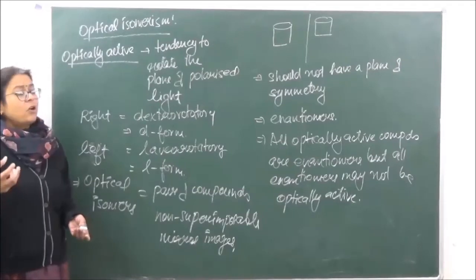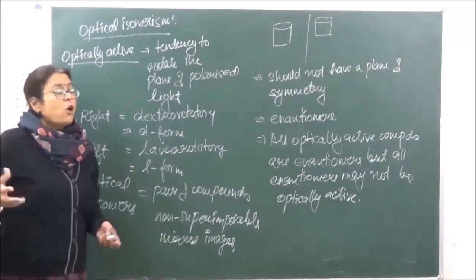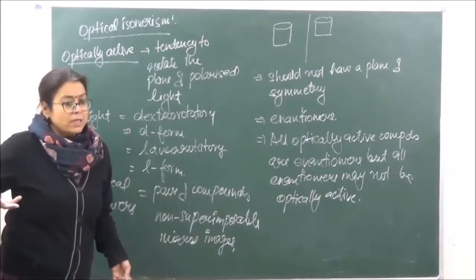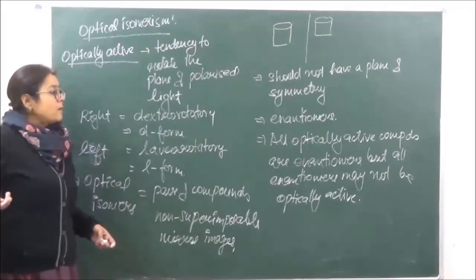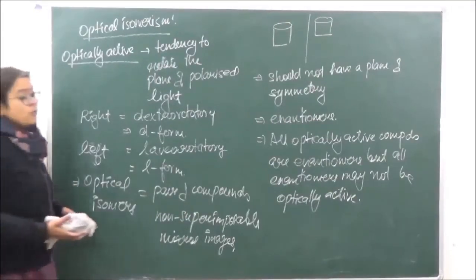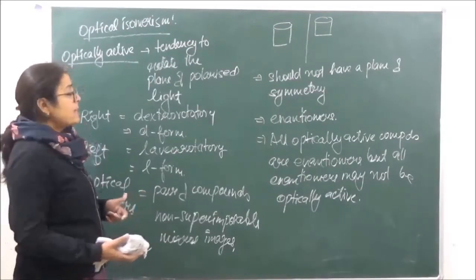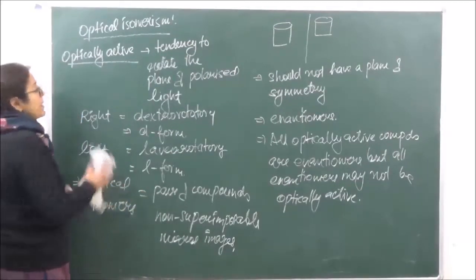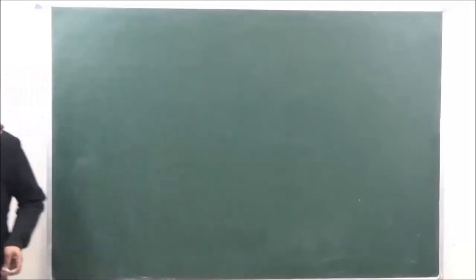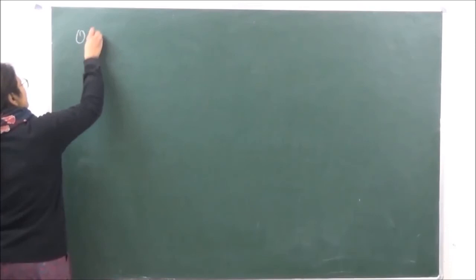Optical activity is one of the major characteristics of octahedral compounds. So we will study octahedral compounds here, because optical activity is very, very common in octahedral complexes. Alright, so let's go on to the octahedral complexes.